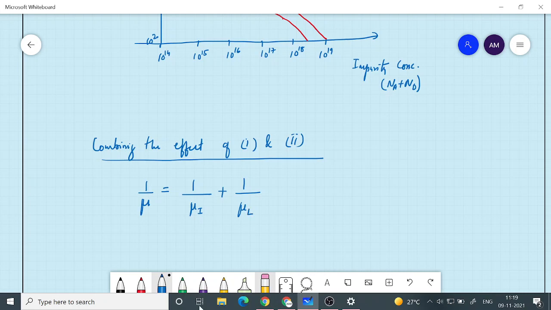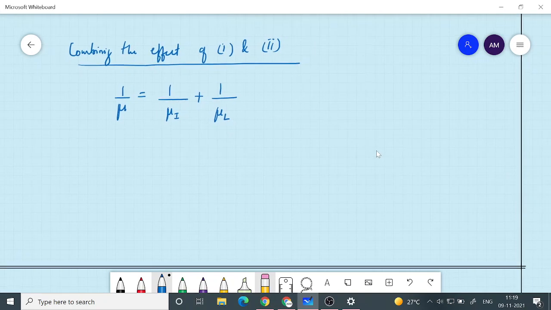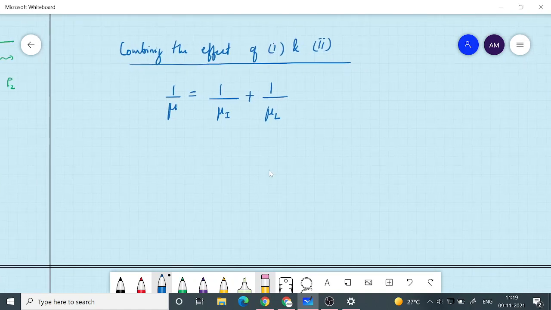Now, how do you get this formula? I will give you a glimpse of what is going on. This formula is derived from the consideration of the probability of scattering. Tau is the mean time between collisions.